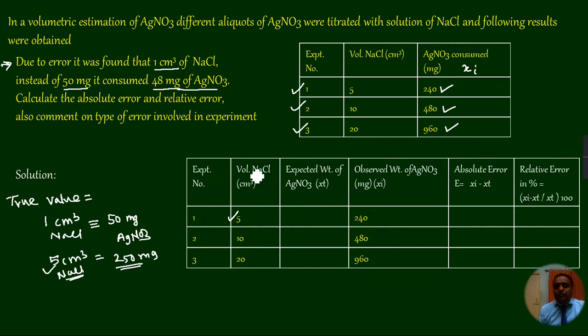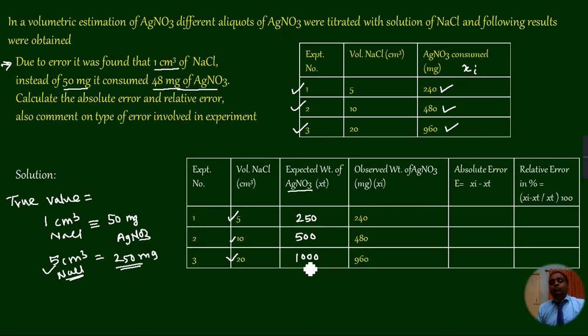So this is the true value. The expected weight of silver nitrate for 5 ml should be 250 mg, for 10 ml it should be 500 mg, and for 20 ml it should be 1000 milligrams.